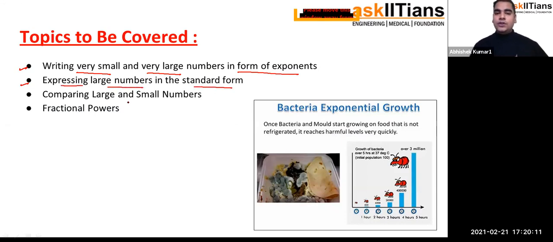We will discuss the standard or scientific form in which we have to express large numbers, and we will discuss each case in that. After that, we are going to learn how you can compare large and small numbers, which is very easy, believe me. And at last, you have fractional powers. What happens when the powers of the base are fractions? How do we proceed and solve that? That's what we are going to discuss.